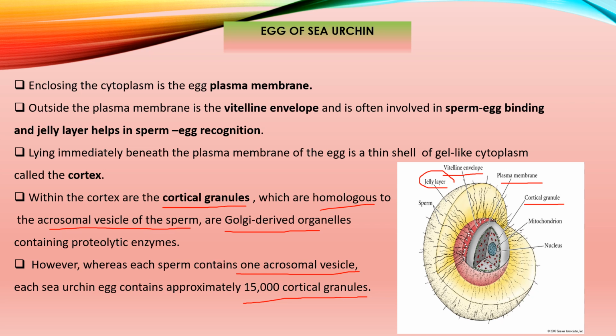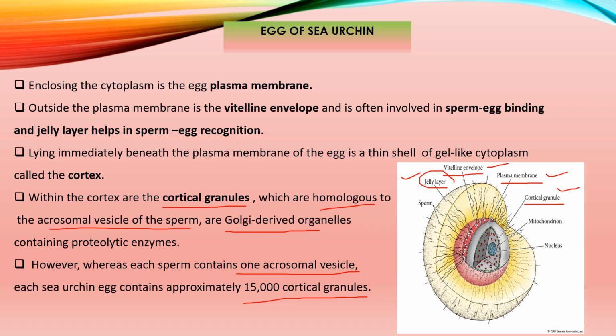So how does the sea urchin egg look? The sea urchin egg has a plasma membrane. The plasma membrane is covered by the vitelline envelope, which helps in sperm-egg binding, and outside it is covered by the jelly layer, which helps in species-specific sperm-egg recognition. Inside the plasma membrane, there are the cortical granules. The cortical granules are homologous to the acrosomal vesicle of the sperm.